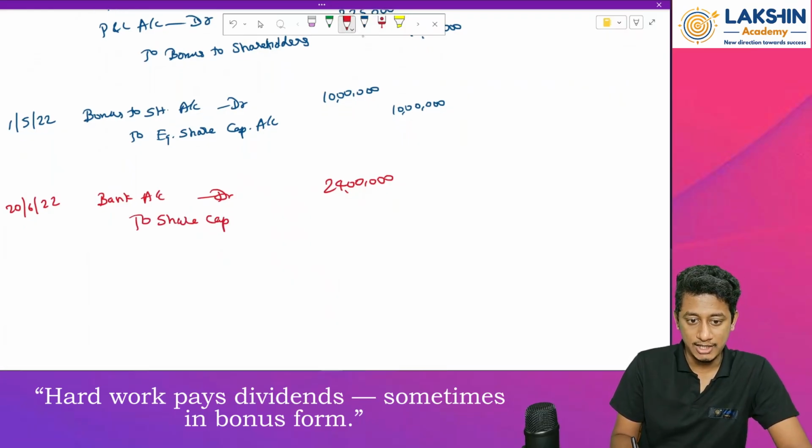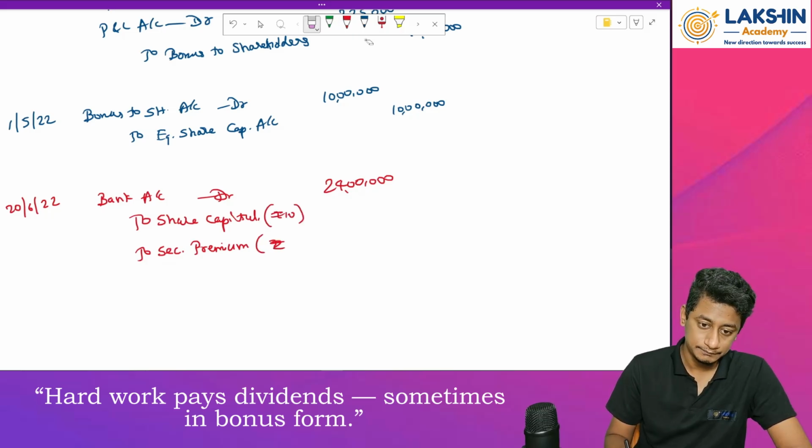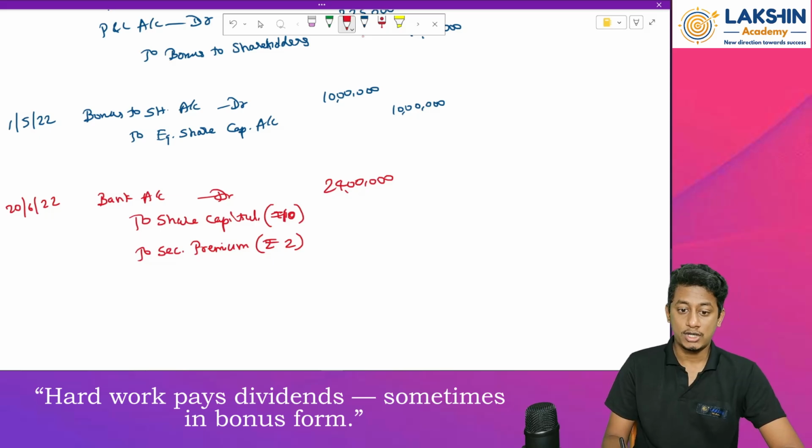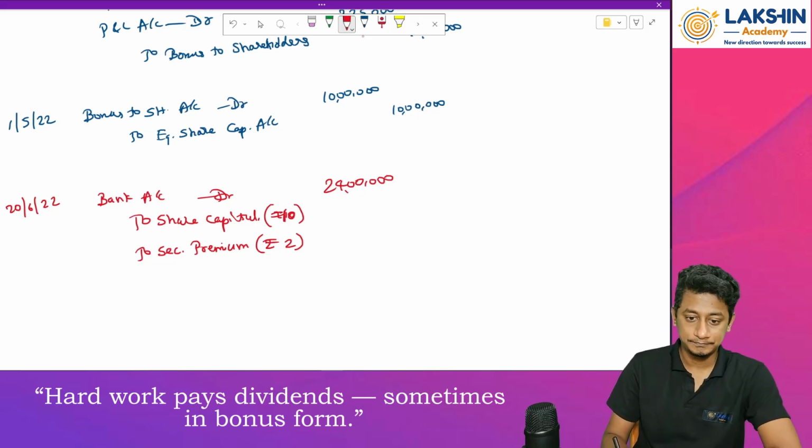To share capital account or equity share capital account, to securities premium. This is worth rupees 10. This is worth rupees 2. Now what can be done?